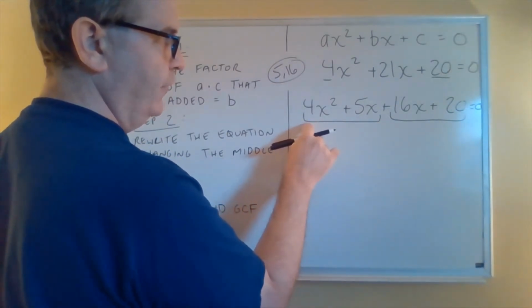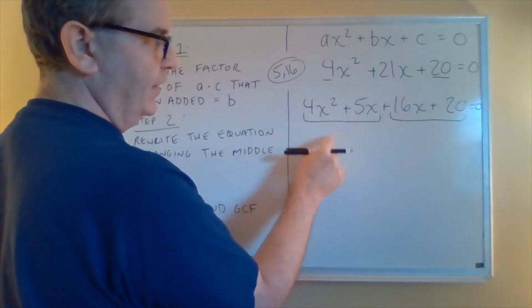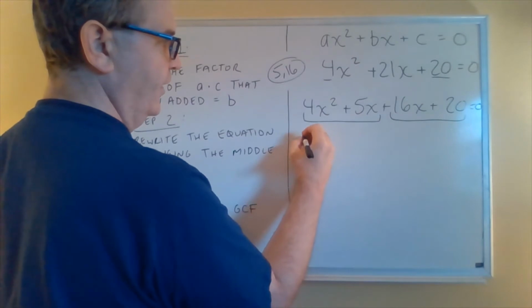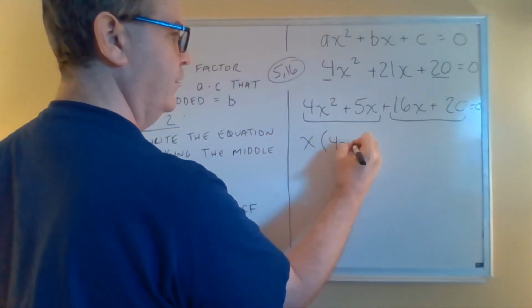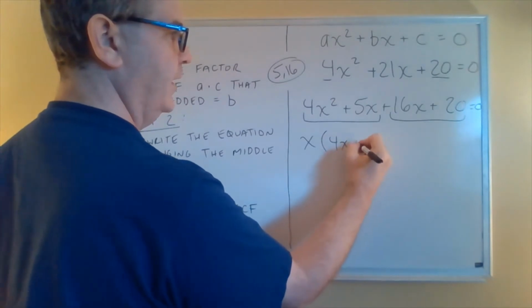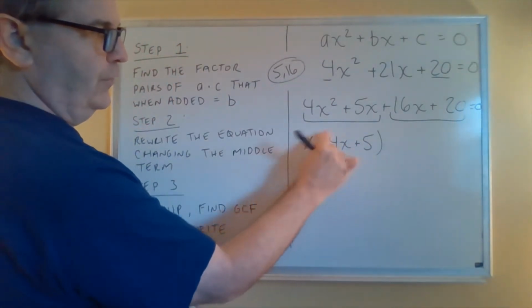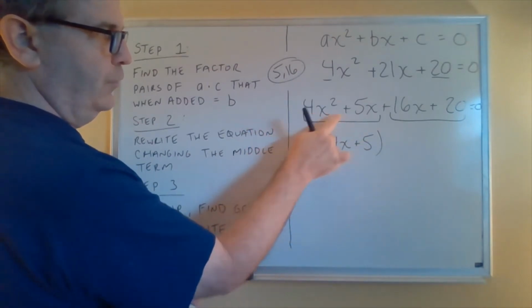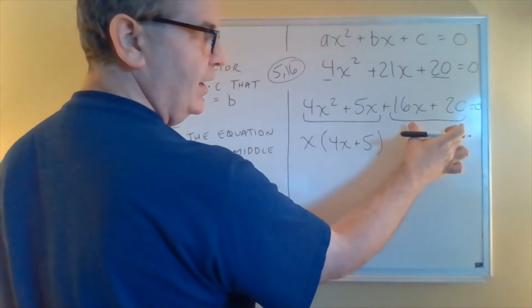We don't have a factor that goes into 4 and 5, but x goes into x squared, and of course x goes into x. So if we take x out of that term, we end up with x times 4x plus 5. If we were to distribute that x back through, we would get 4x squared plus 5x.